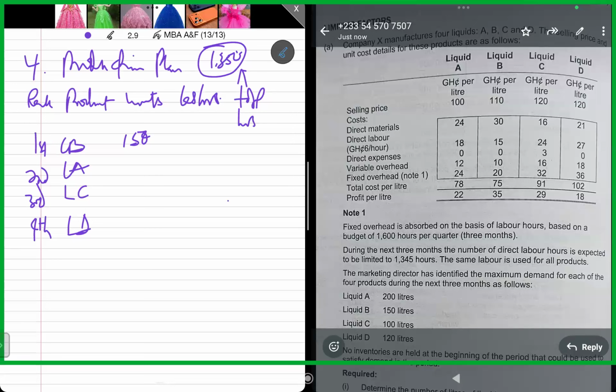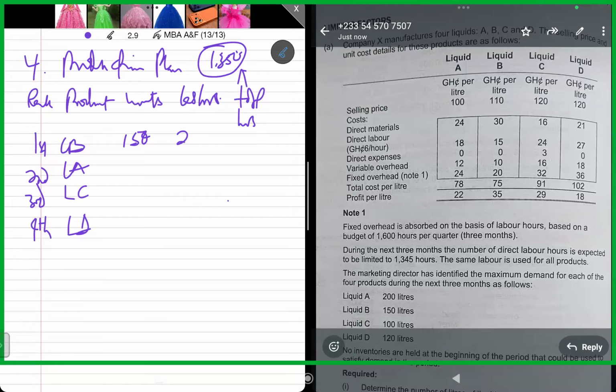So how many labor hours from the stage 1? How many labor hours are needed to produce one liter of liquid B? So you go to stage 1, step 1. How many labor hours are needed to produce just 1 liter of liquid B? That's 2.5.